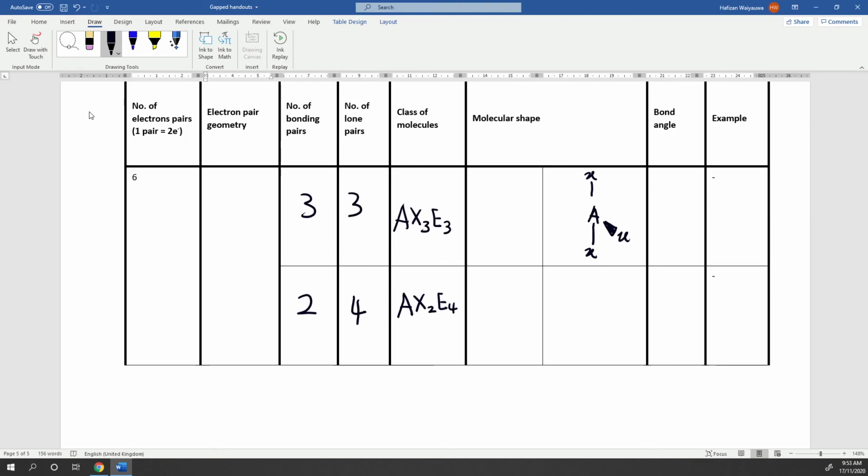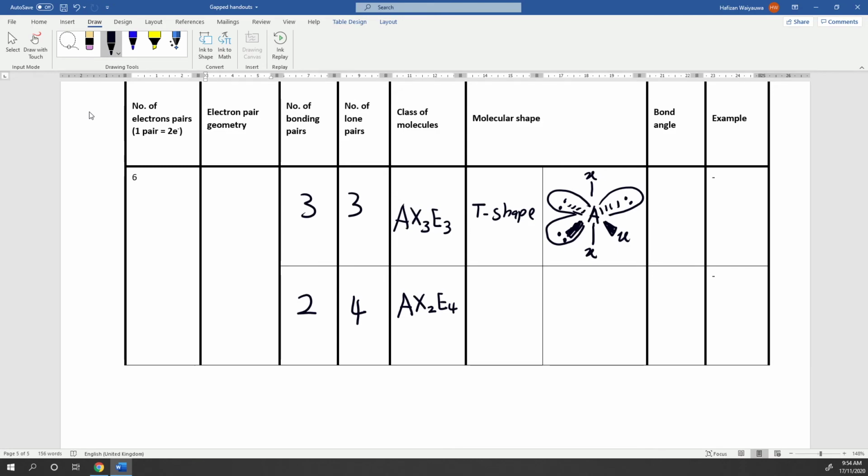So you nampak tak T-shape? Bentuk dia. So now kita lukis dia punya lone pairs. Okay. So the molecule is T shape.